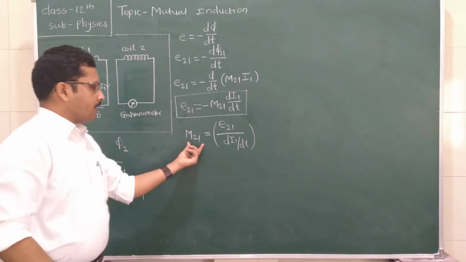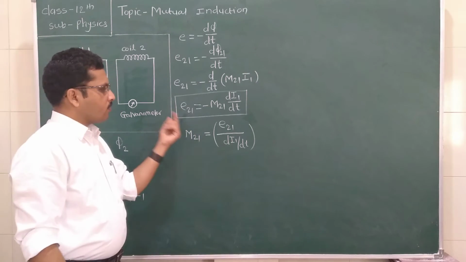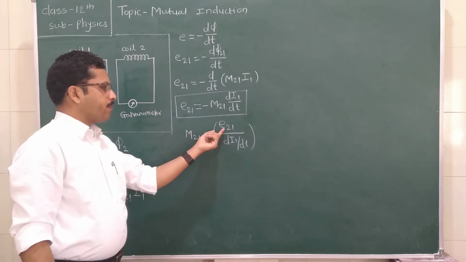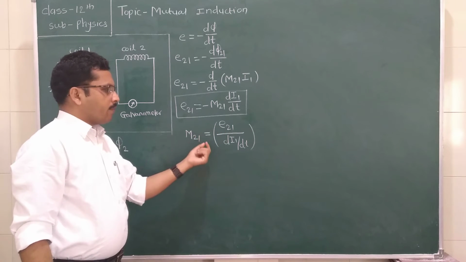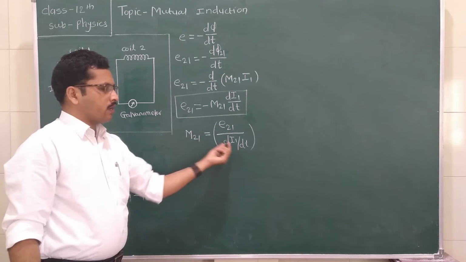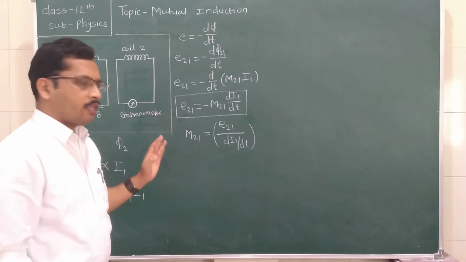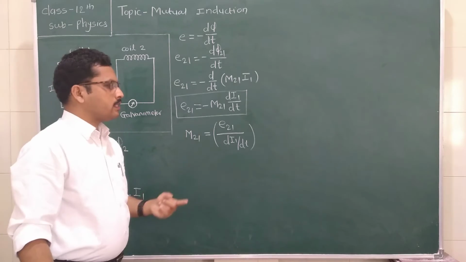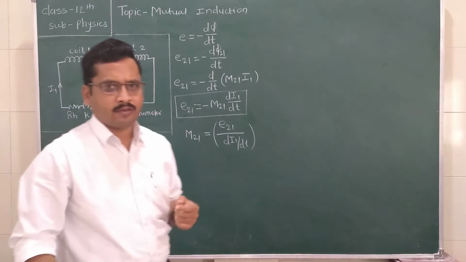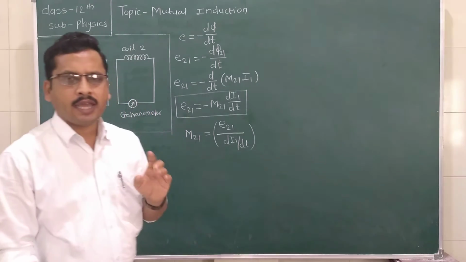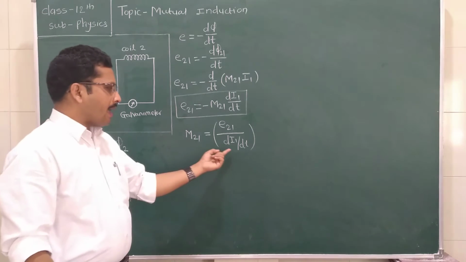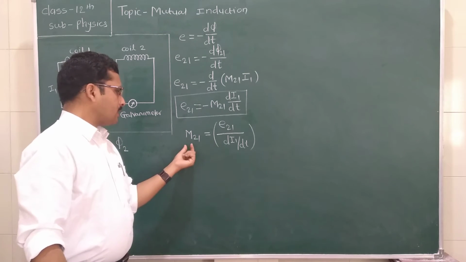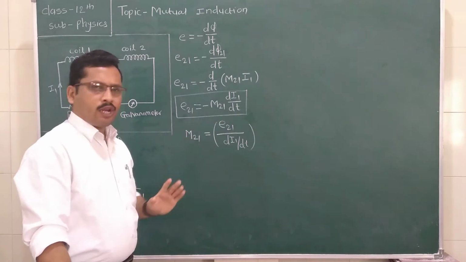So what is the mutual induction in the second coil? It is the ratio of the EMF induced in the second coil per unit change in the current in the first coil. Now if we keep di1 upon dt equal to 1 ampere per second, meaning the current is changing at the rate of 1 ampere per second, then M21 is equal to E21.